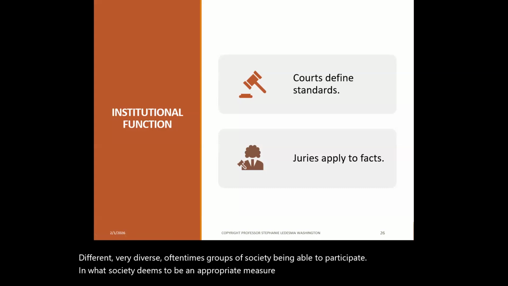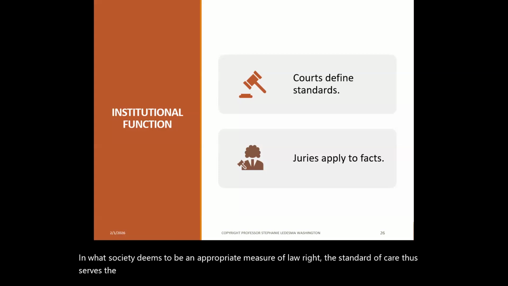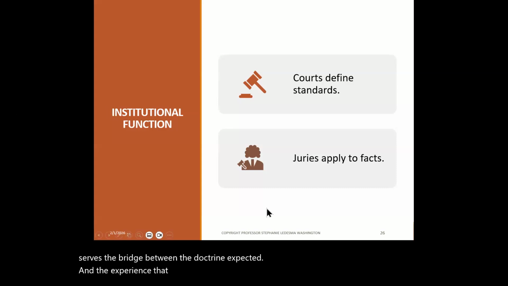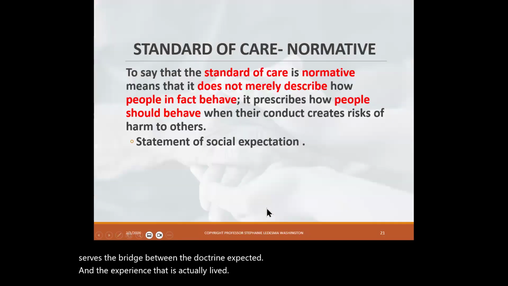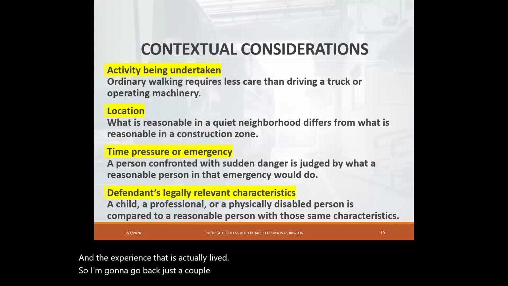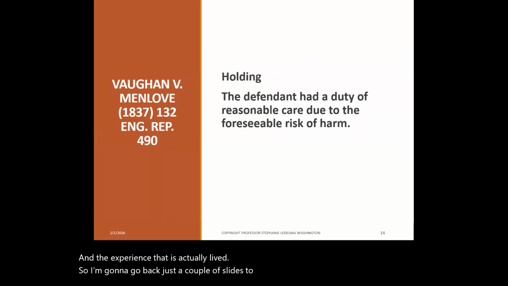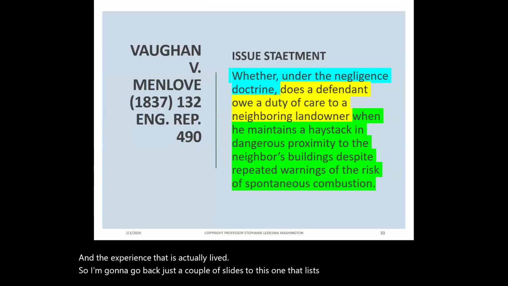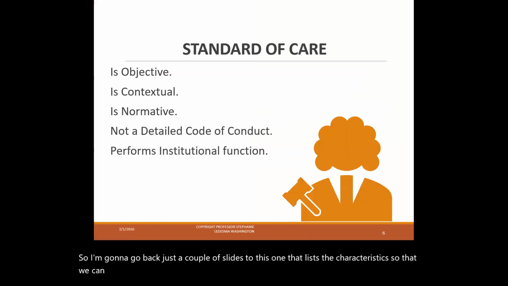The standard of care thus serves the bridge between the doctrine expected and the experience that is actually lived. So I'm going to go back just a couple of slides to this one that lists the characteristics so that we can just see that we've covered all five.